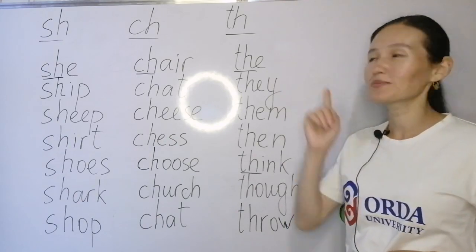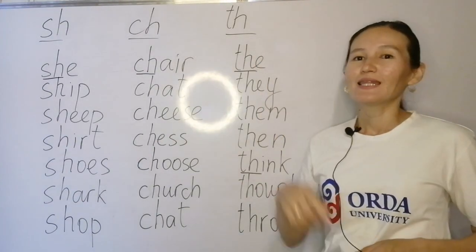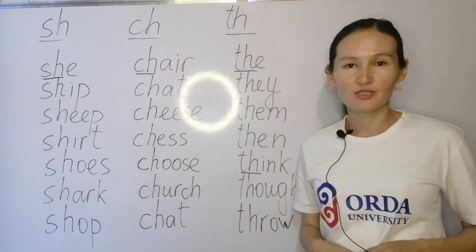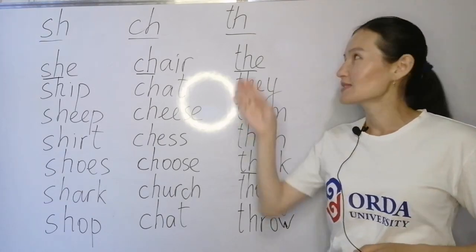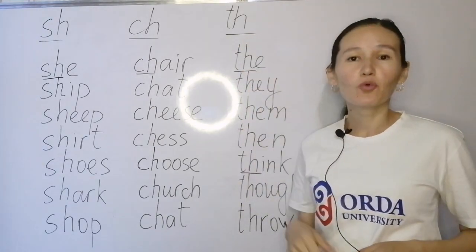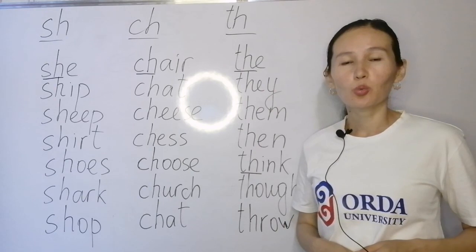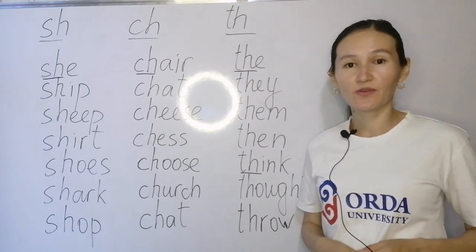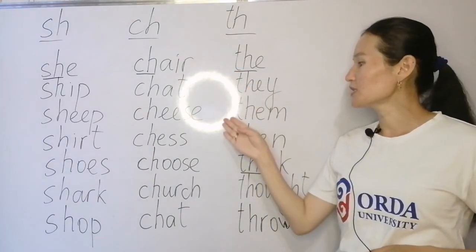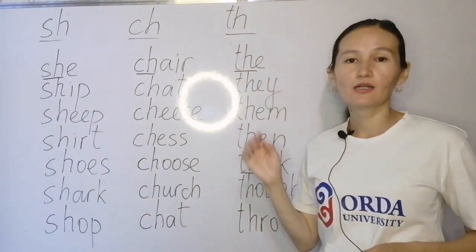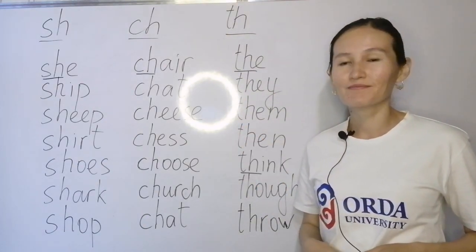Okay, when it comes to TH, let me mention something. TH can be voiced, z, or voiceless, s. So, the first four are voiced, z.